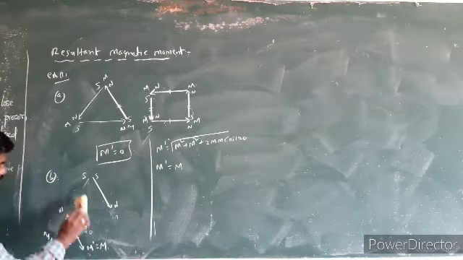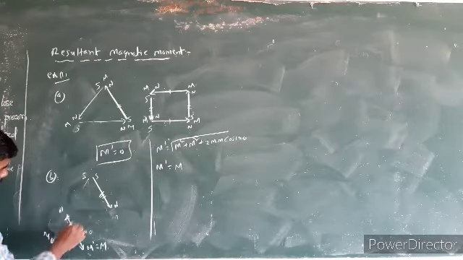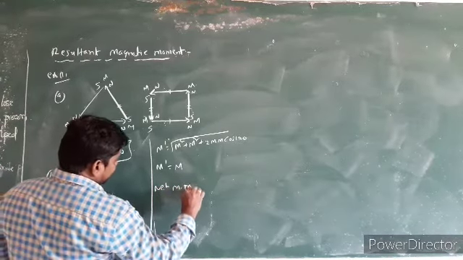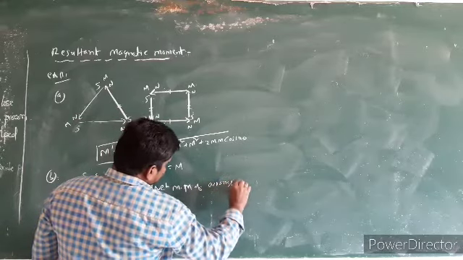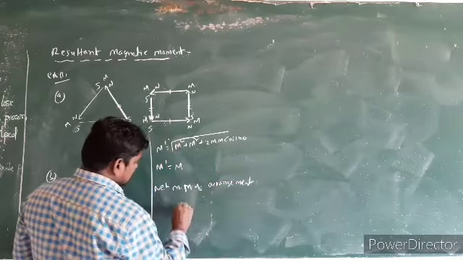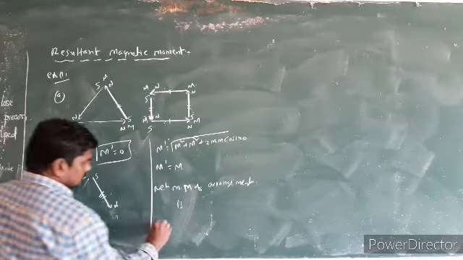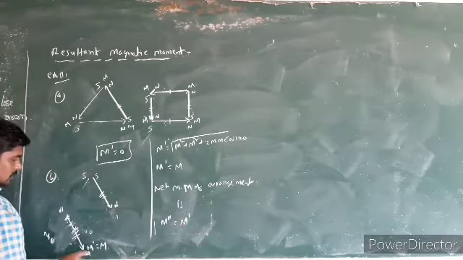In the place of these two magnets, this is the resultant one. These two are parallel. Therefore, the net magnetic moment of the arrangement is m dash plus m.